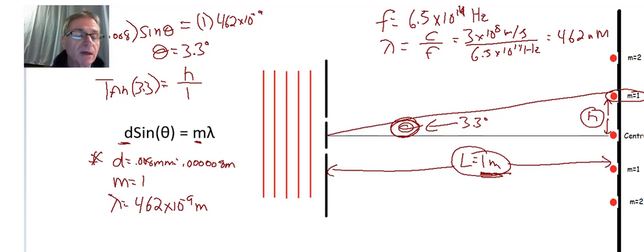If I figure out the tangent of 3.3 and multiply that by 1, I get h. The tangent of 3.3 degrees turns out to be 0.057, so 0.057 meters, or 5.7 centimeters. So the distance from the central maximum up to the first order fringe is 5.7 centimeters.